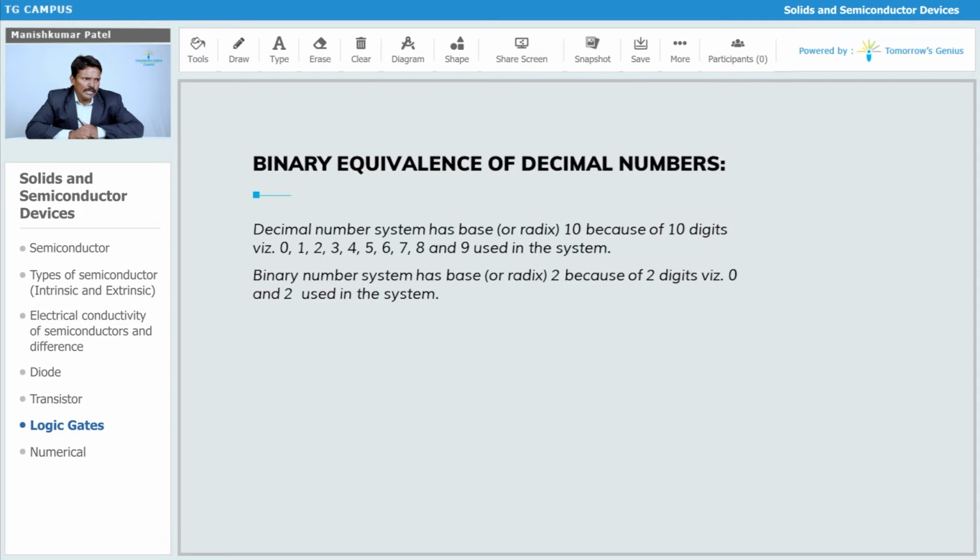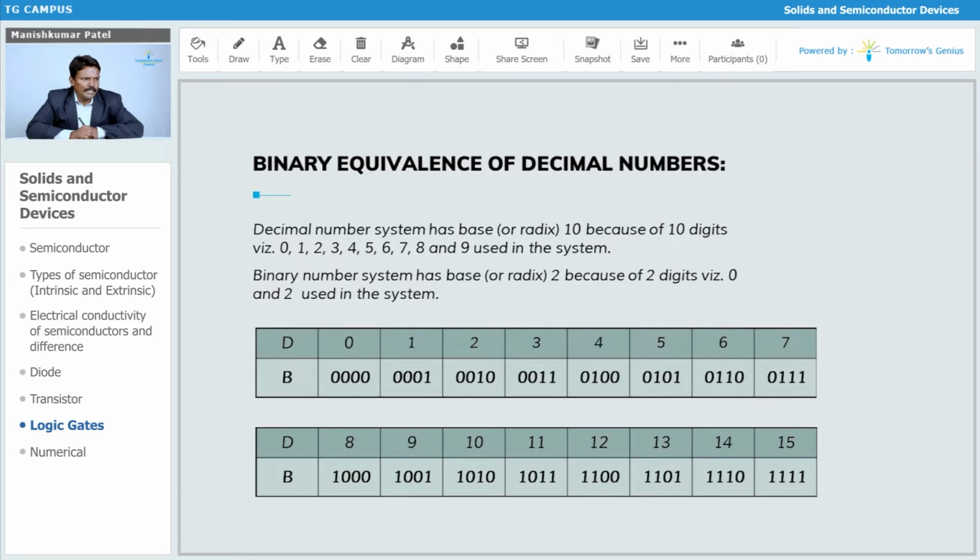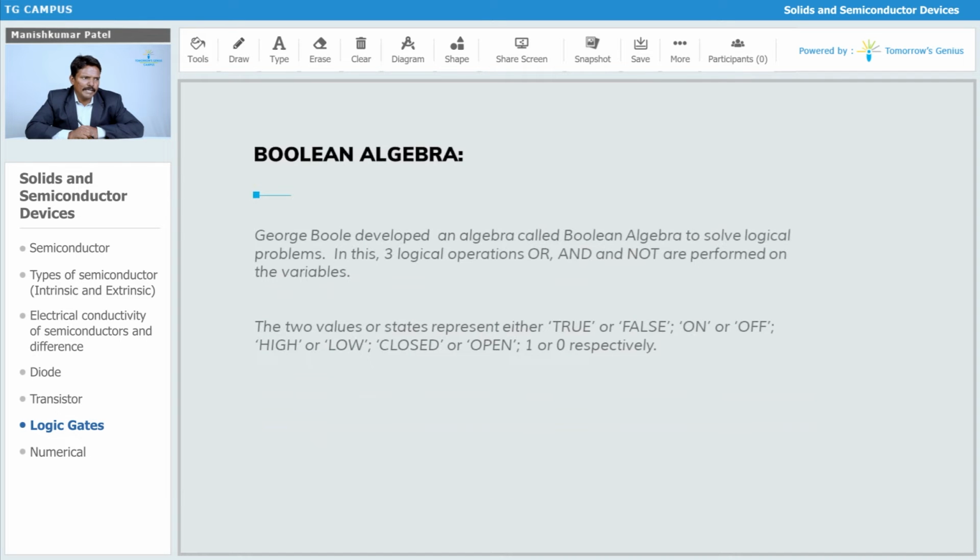This is how we represent the numbers: 8, 9, 10, 11, 12, 13, 14, 15. All the various decimal numbers can be represented with the help of binary equivalents.